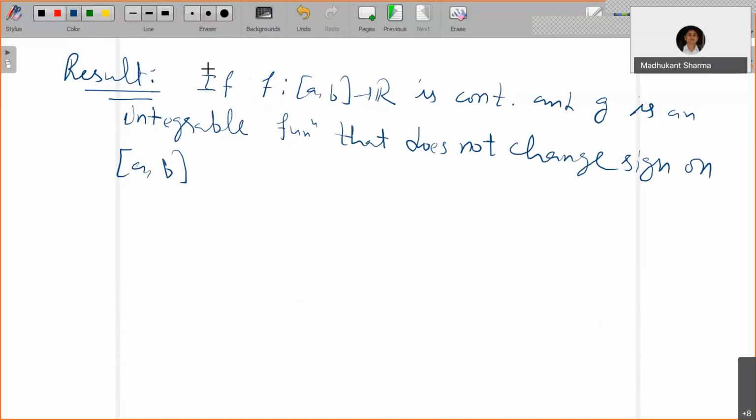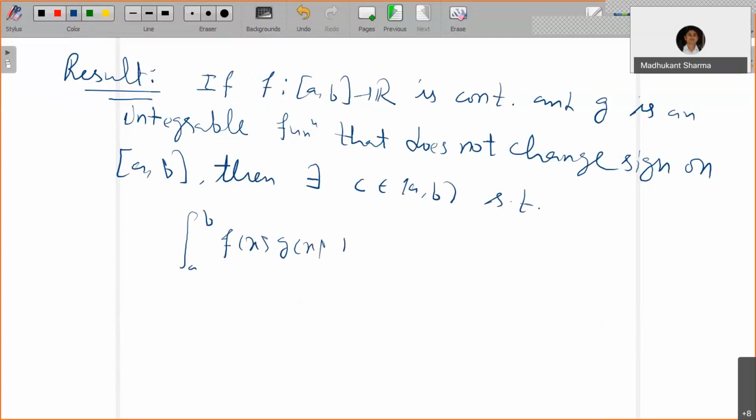Okay, then there exists c in the open interval (a, b) such that the integration from a to b of f of x g of x dx is equal to f of c times the integration from a to b of g of x.